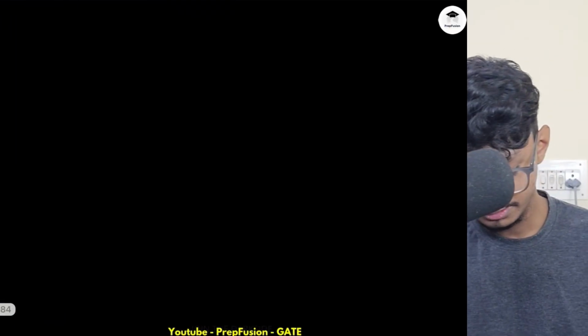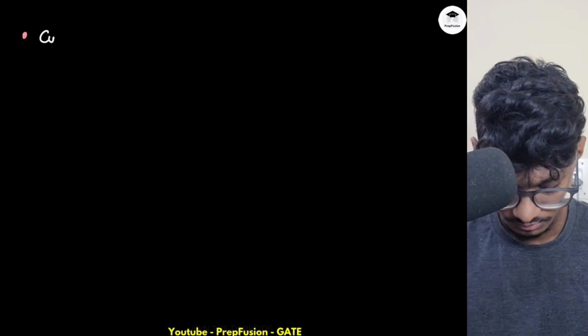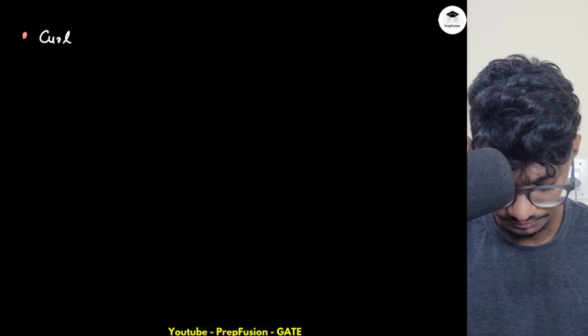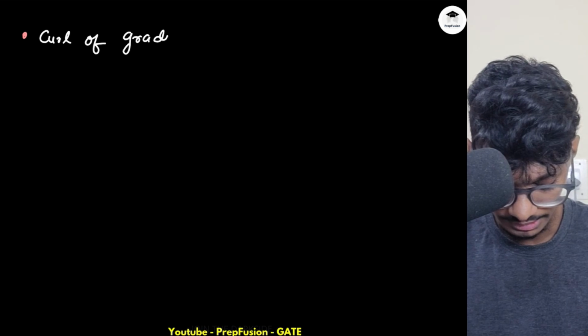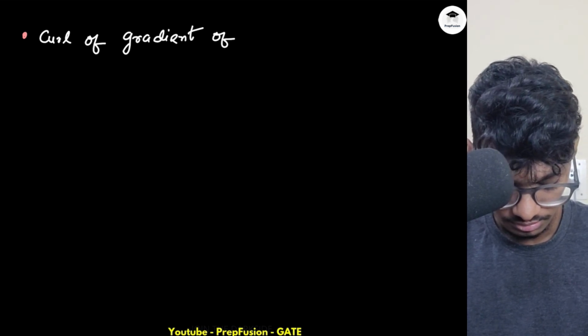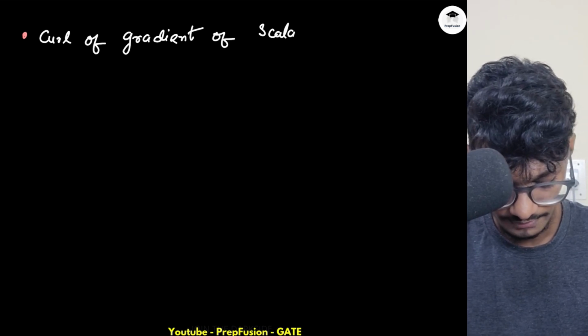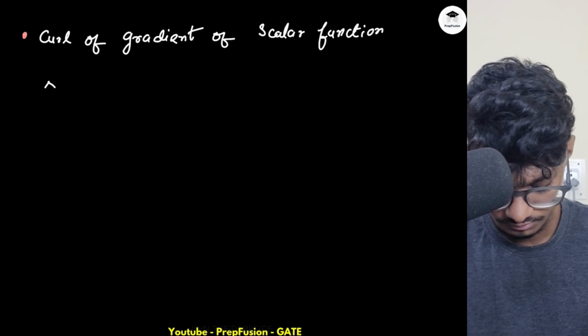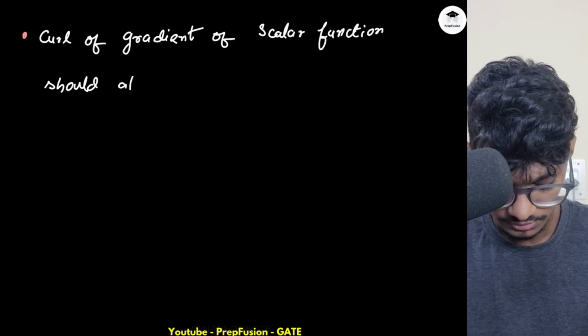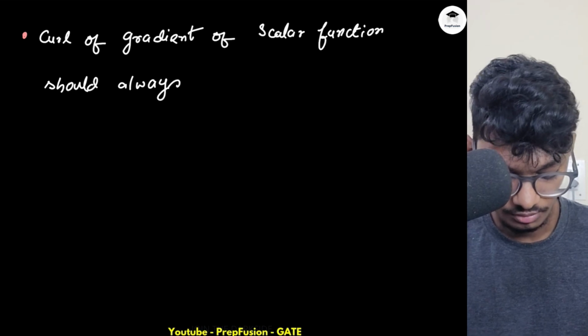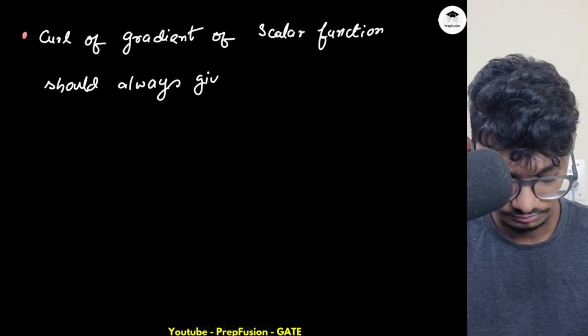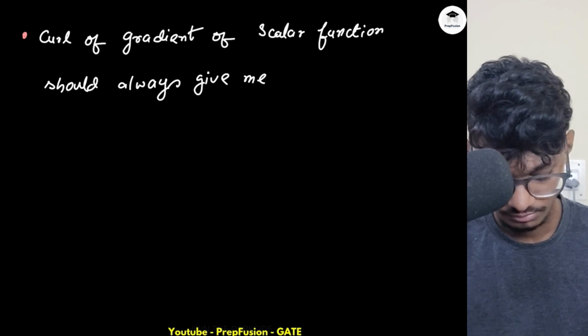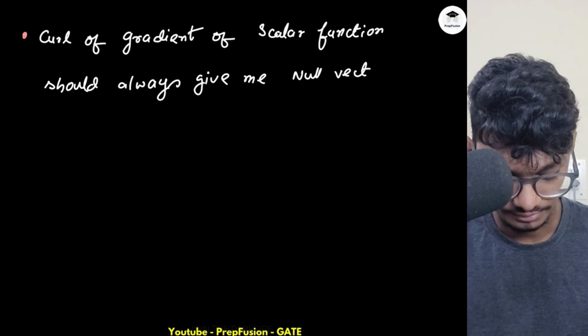So first I will write here: curl of gradient of a scalar function should always give me a null vector.